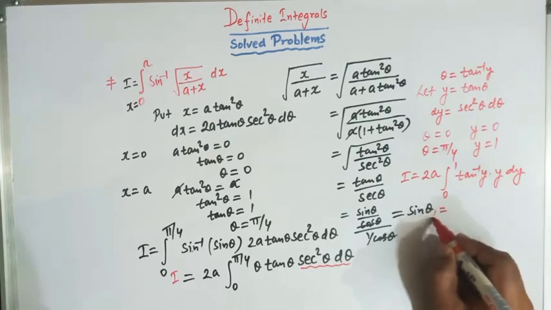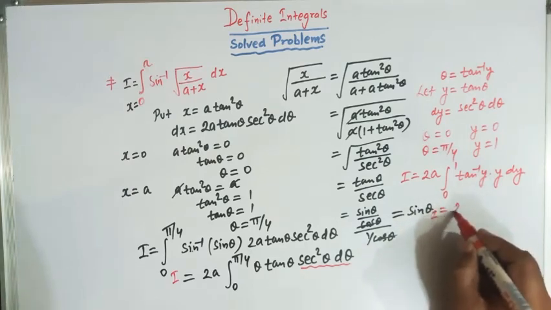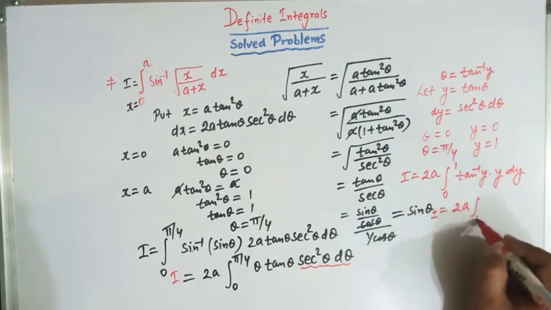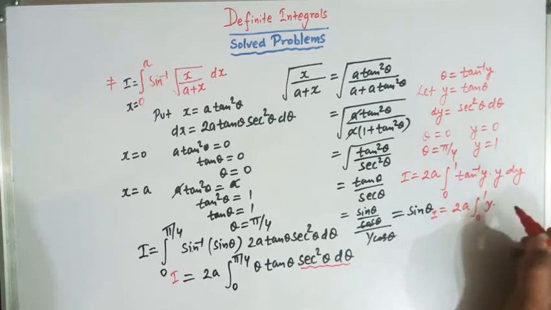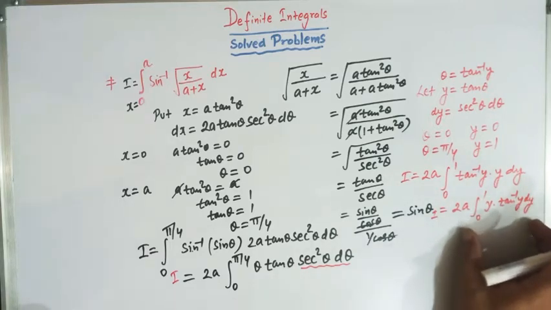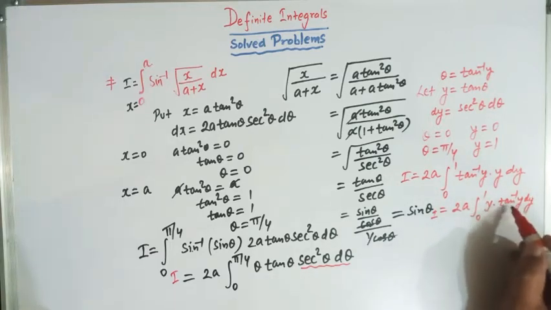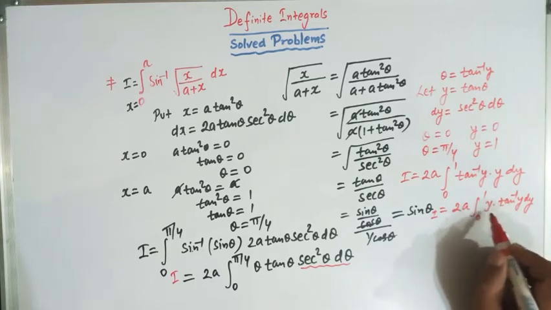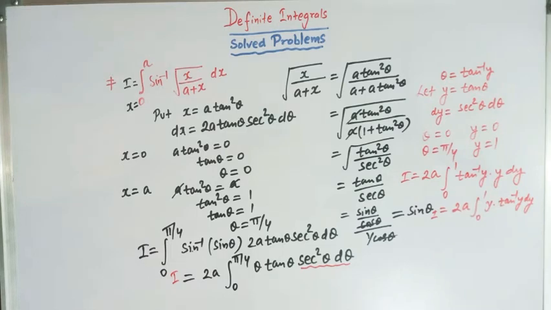So we have the integral I as 2a, 0 to 1, y tan inverse y dy. Now this becomes a product of two functions, and here we will apply integration by parts.